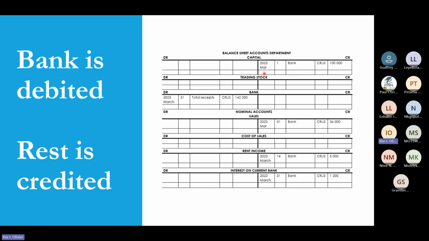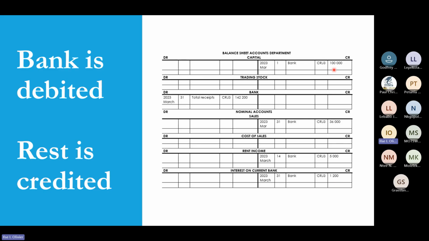The first sundry account that was there was the capital. When did it happen? On the 1st. Where does it refer back to? To bank, CRJ3 for 100,000 Rand. Then we had our rent income. It happened on the 14th. Bank, CRJ3, 5,000 Rand. And then your interest on current bank account on the 31st, bank, CRJ3, 1,200 Rand.